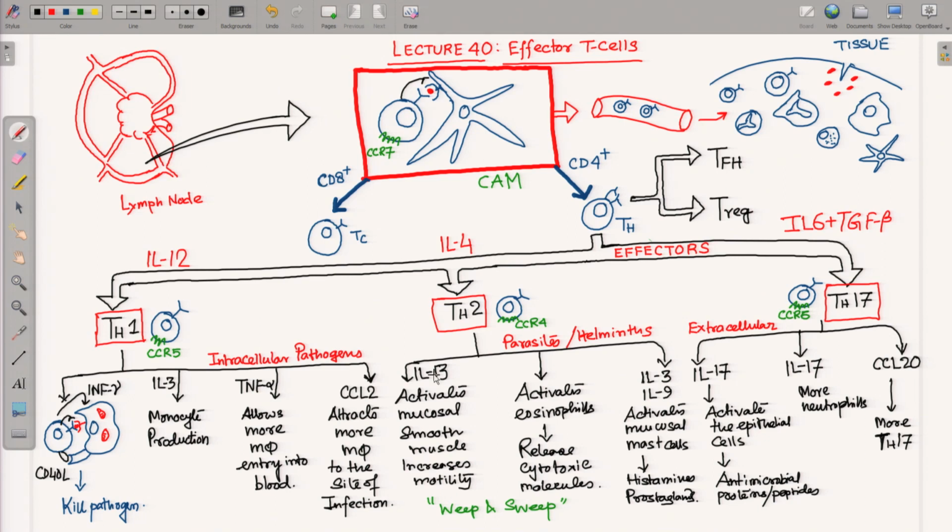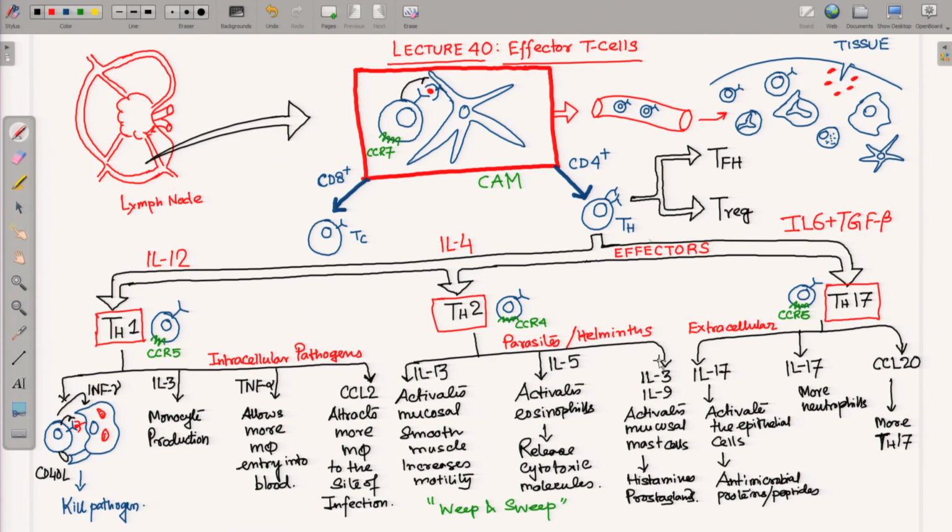And this is primarily done by the action of interleukin 5, which is also produced from the Th2 cells. They also produce IL-3 and IL-9, which primarily activate the mucosal mast cells, and mast cells, as you know, are the major sources of histamine.